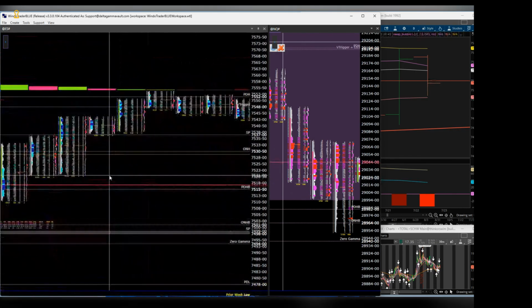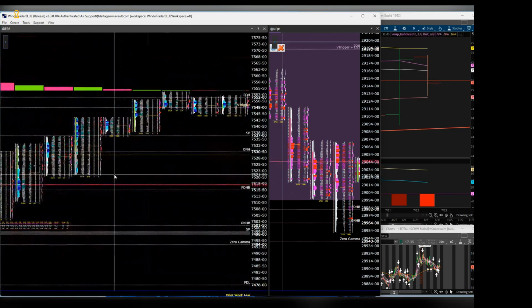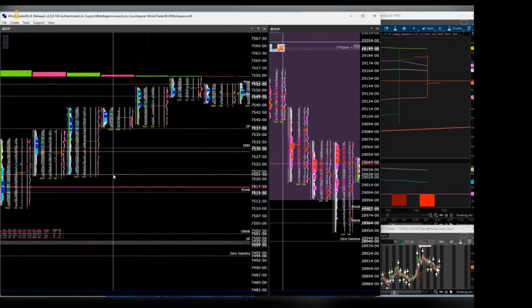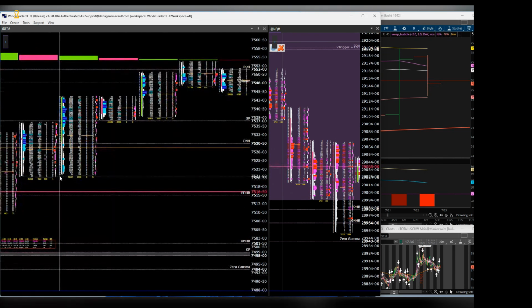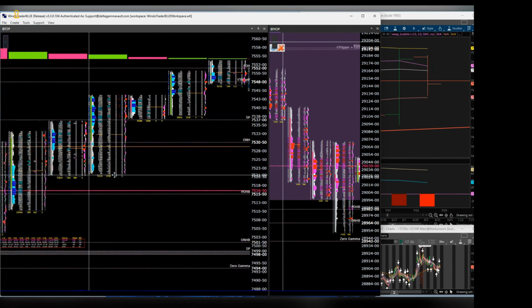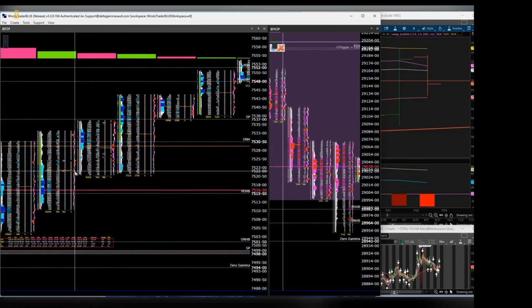So what was happening there is that the shorts were looking for a place to cover, and they used a mechanical reference which was half back from the early morning session. And then the market rallied the rest of the day.